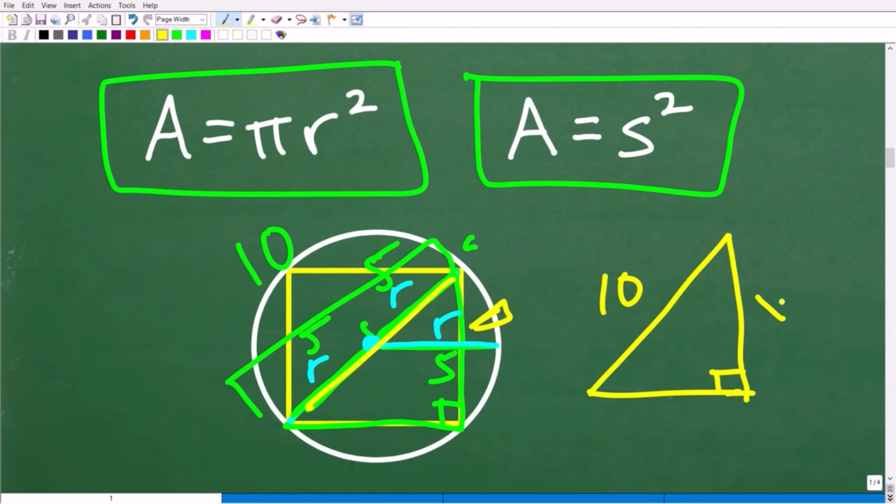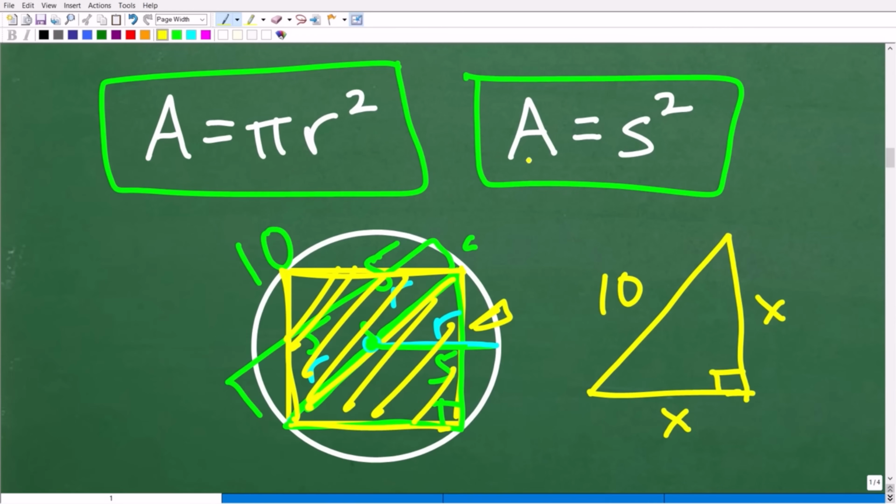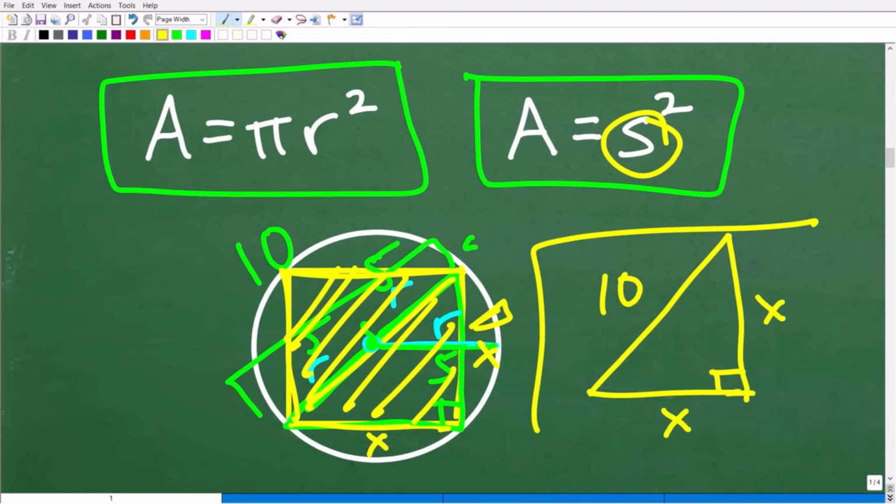Now we don't know the sides of this right triangle, but if we do find the sides, we can easily calculate the area of the square, because the area of the square is side squared. Whatever the sides are, they're the same measurement on a square. Just square it, and we have the area of the square. So effectively, this is the information that we have. So how can we figure this out?